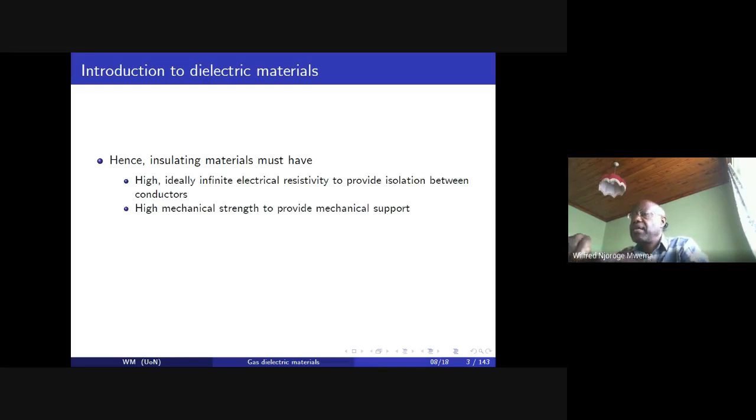They must have high mechanical strength to provide mechanical support, and high thermal conductivity to aid heat transfer, because most of the times we may have dielectrics that are a bit lossy, and the losses will always be in terms of heat, and the heat must be removed from the dielectric, because as the temperature of the dielectric increases, the dielectric mechanical strength will decrease, and therefore we have that problem again of having the dielectric being squeezed further.